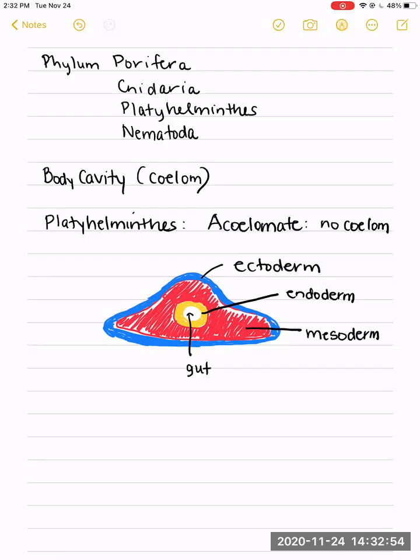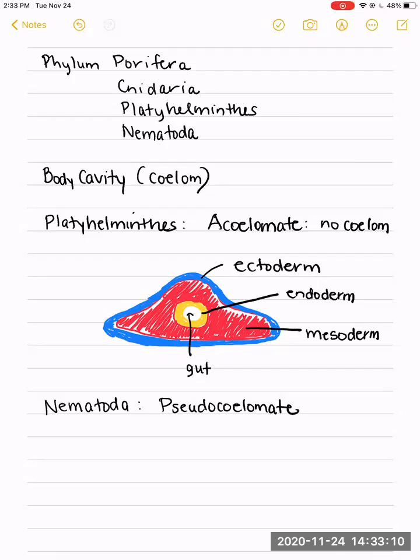And the next group, Nematoda, they are what's called pseudocelomate. They have a pseudocelome.